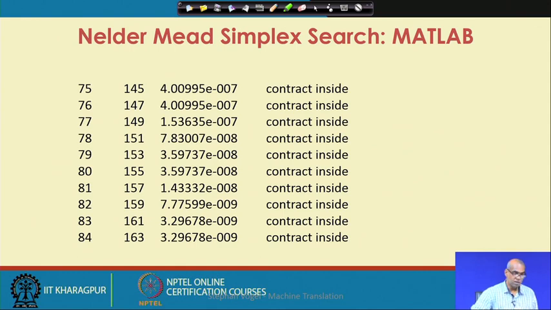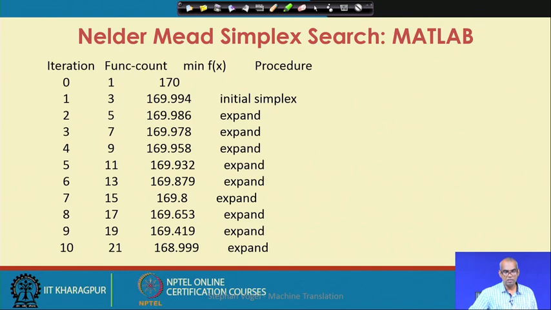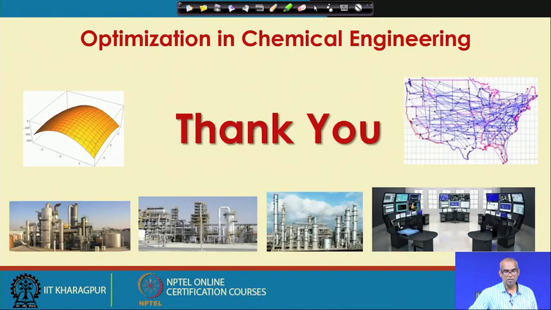And here I show the last few iterations where it contracts inside, which we call shrinkage. So, these are the steps. This is how we can solve the 2 variable function by making use of MATLAB's inbuilt function fminsearch. With this, I would like to stop here.